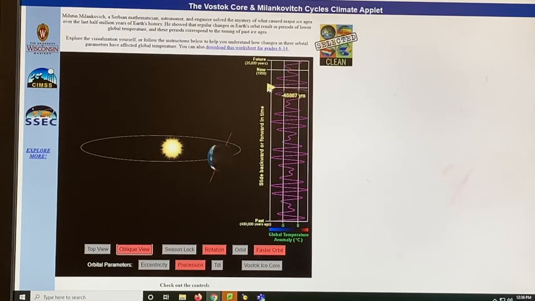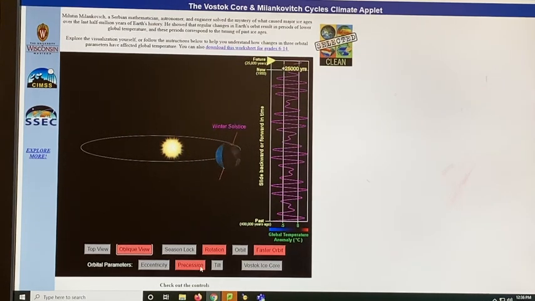Much like a spinning top, the axis will change. And notice how the scale is here, how this changes over tens and hundreds of thousands of years. So if I abruptly change it 30,000 years, we get that effect. And notice how we get the change in climate due to that factor.